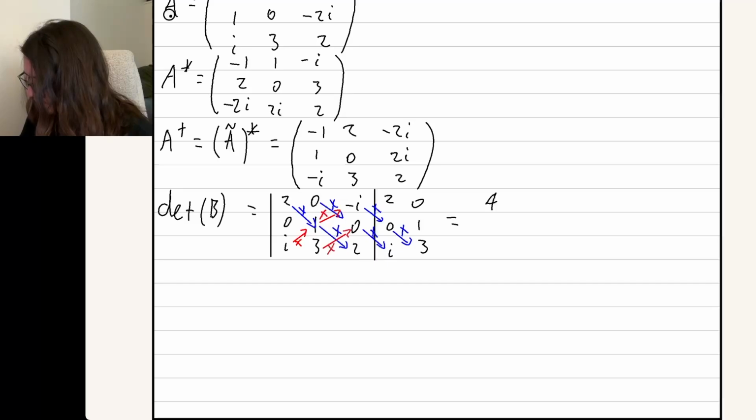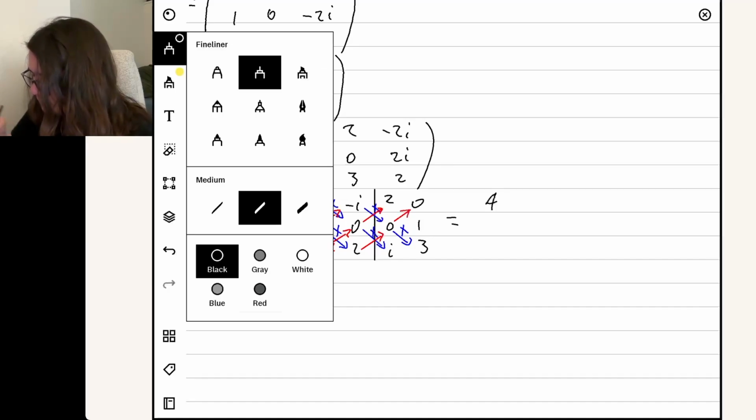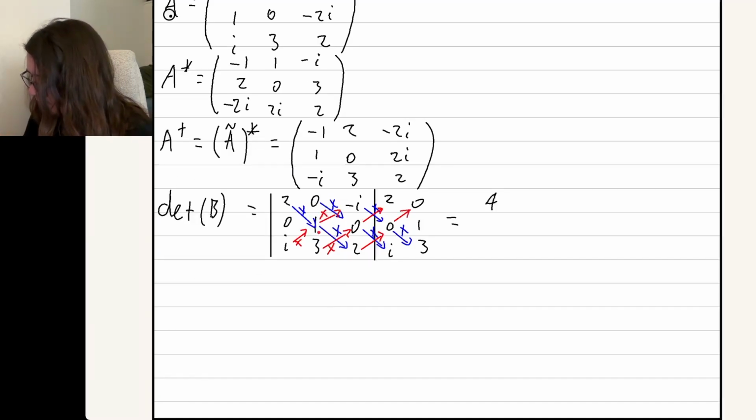Same here. Just going up and to the right for the diagonals. So we have I times 1 times minus I, which is minus I squared.